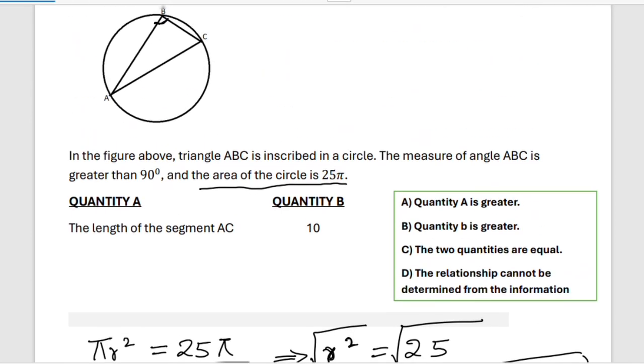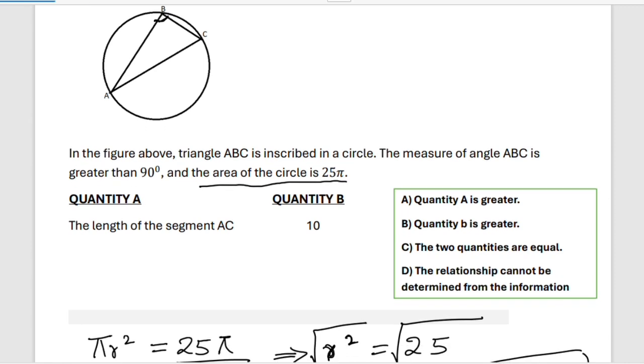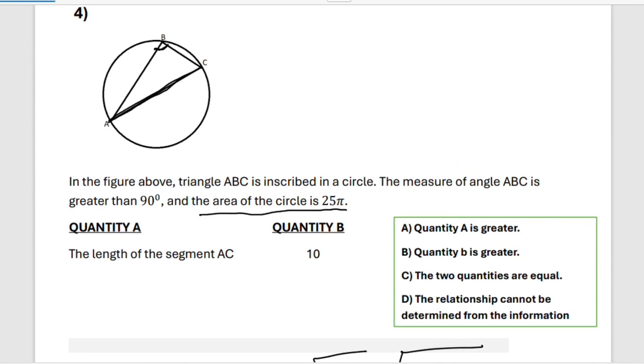So from what we are given, this angle here is greater than 90. That means that this line AC is not a diameter, rather it is a chord, and the diameter of a circle is always greater than the chord.